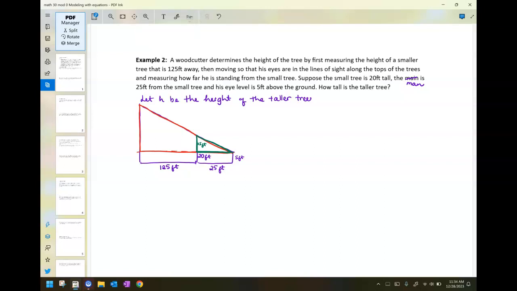Now, I can set up the proportion for the similar triangles as follows. I can say that, hang on, I forgot to label where the height of the taller tree is, right? So here's the height of the taller tree, H. This whole distance is the taller tree.